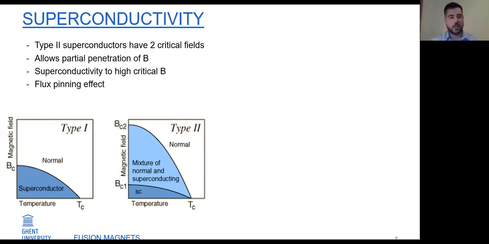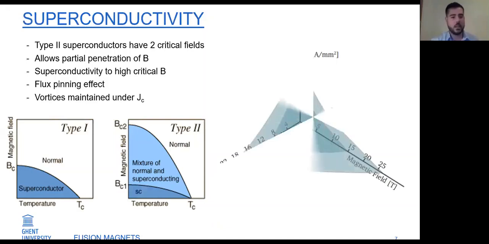This is produced by a physical phenomenon involving small vortices around small impurities in the material, which maintain the critical current density and allow penetration of the magnetic fields.